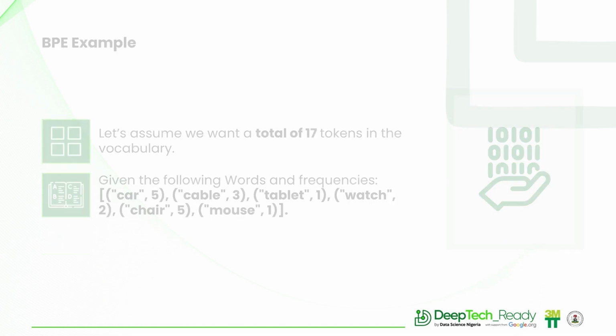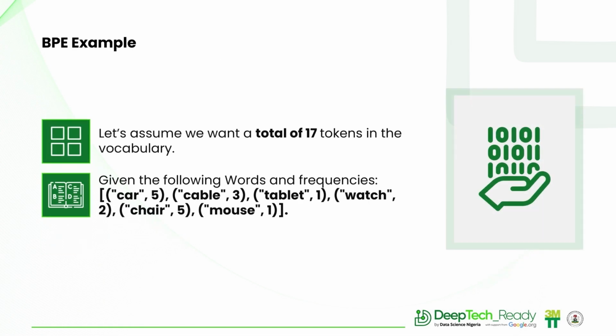For example, let's assume we want a total of 17 tokens in a vocabulary, and then given these particular words and their respective frequencies. So we have the word car occurring 5 times, cable 3 times, tablet 1 time, watch 2 times, chair 5 times, mouse 1 time.